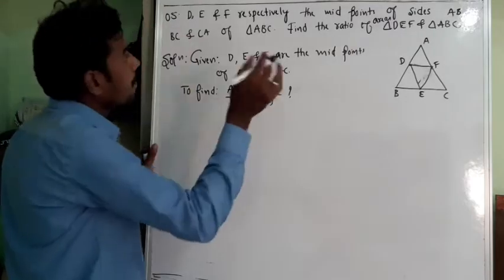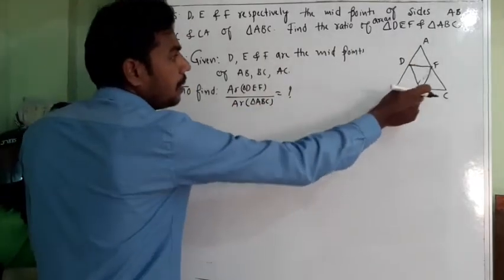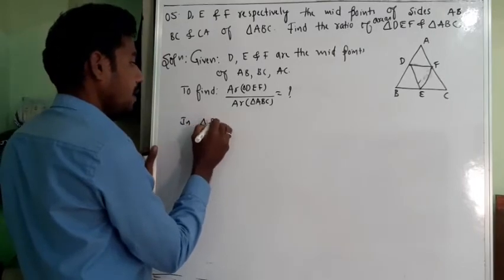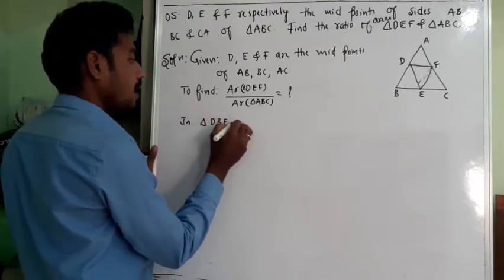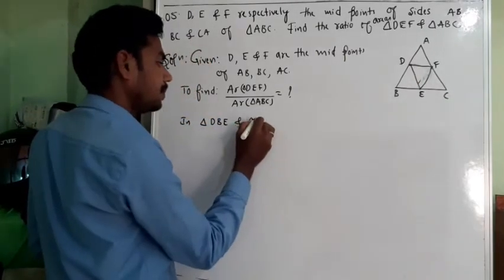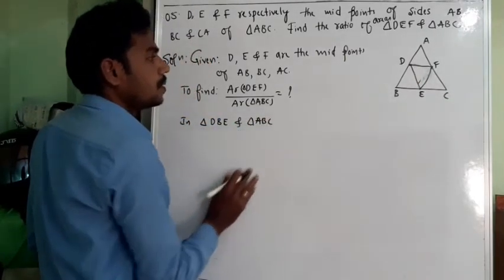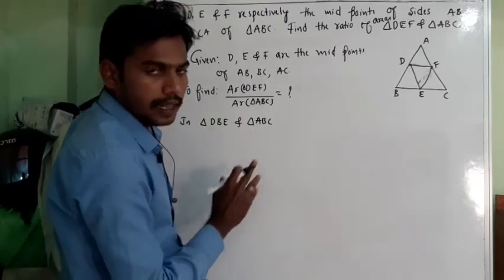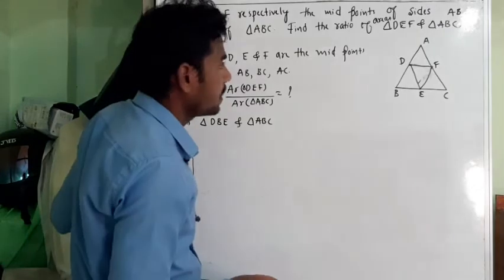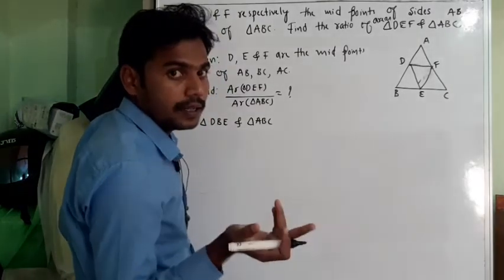See, in triangle DBE and triangle ABC, if I prove the similarity criteria, then I have a relation for areas of triangles and corresponding sides.